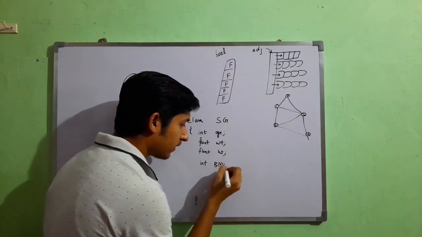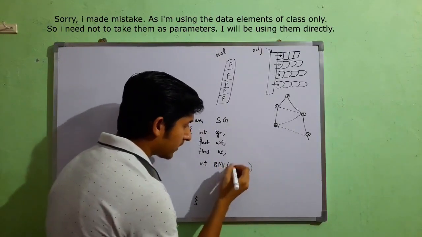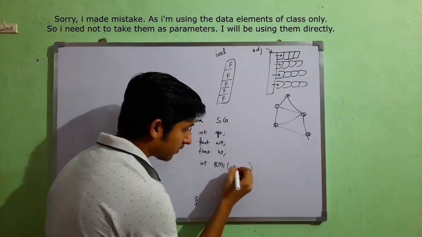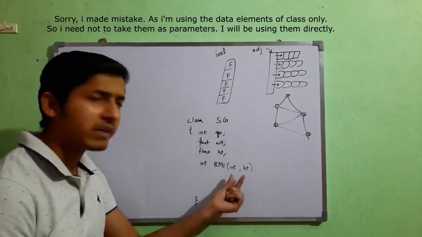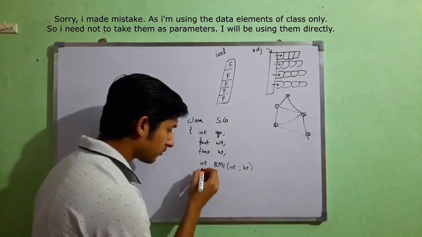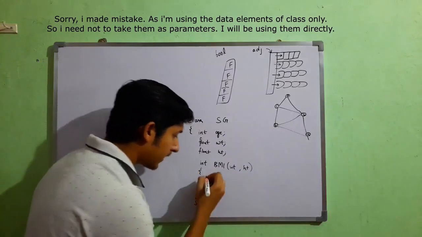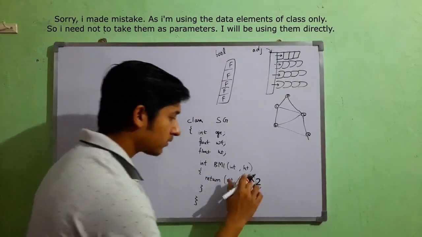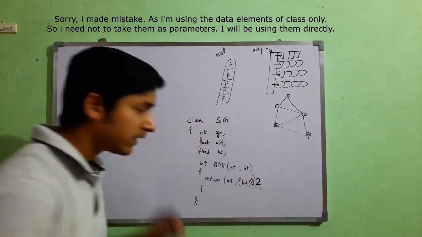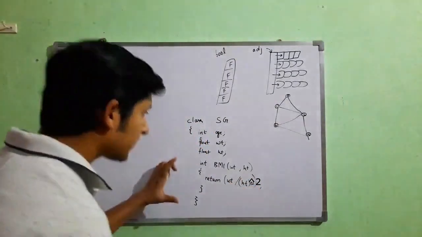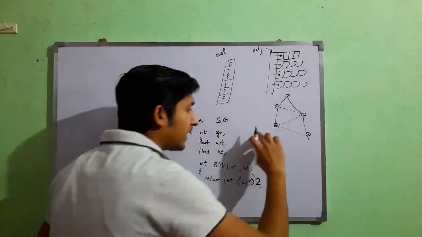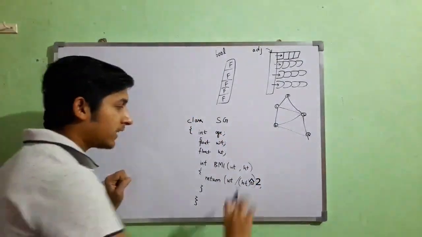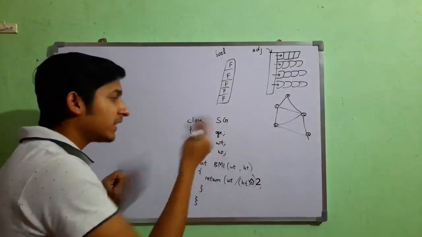Function name is BMI. It takes two parameters, weight, height. There will be integers in all this, float in all this, so don't worry about this. And I'll return this. This way, a class is declared with some primary data type elements and some functions corresponding to these data elements.